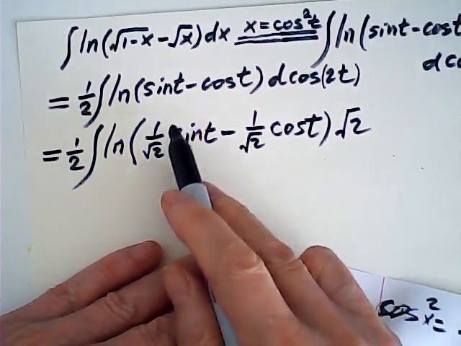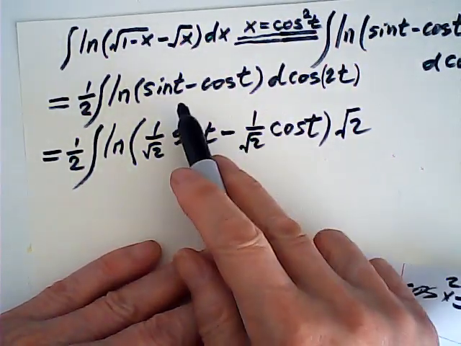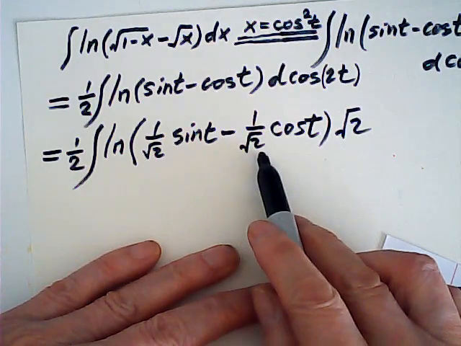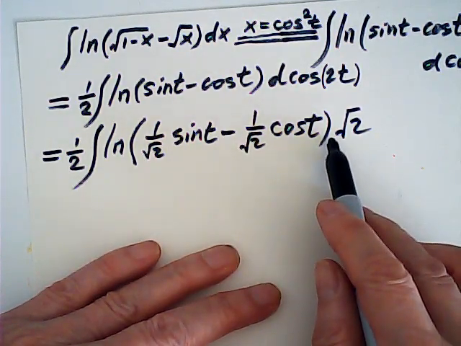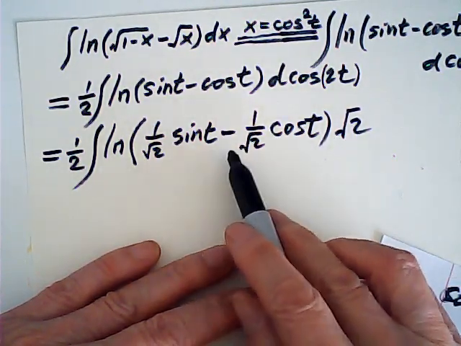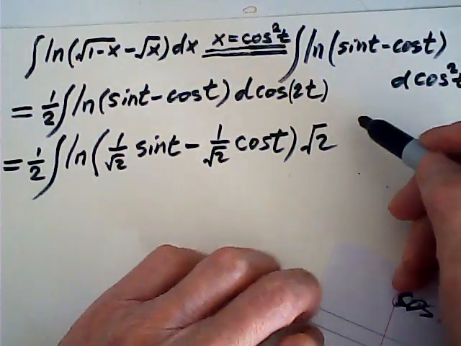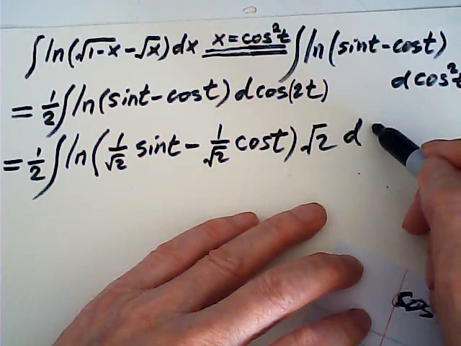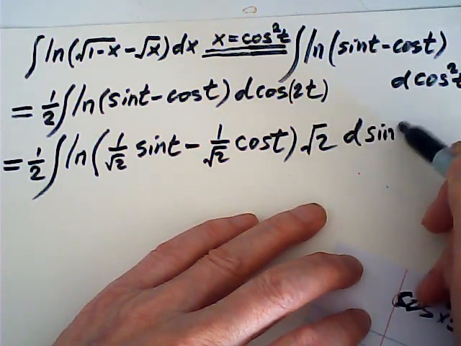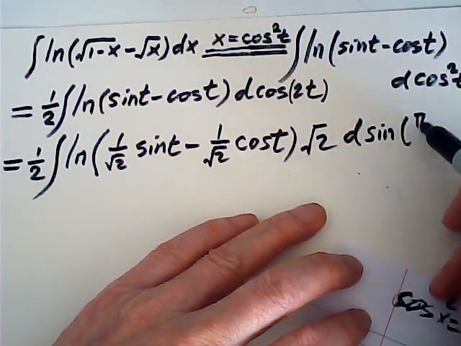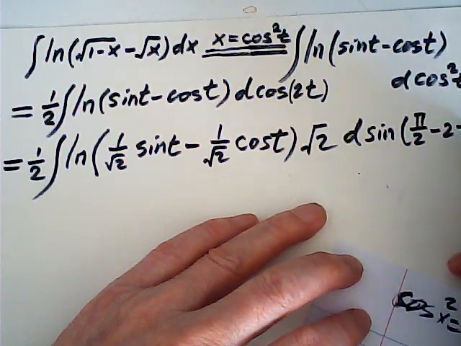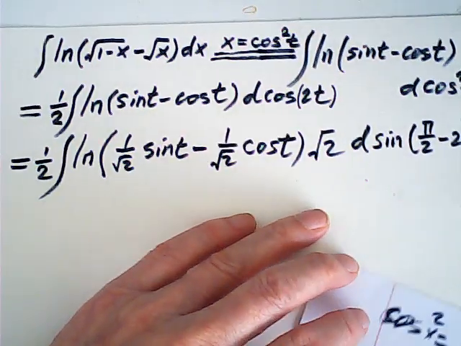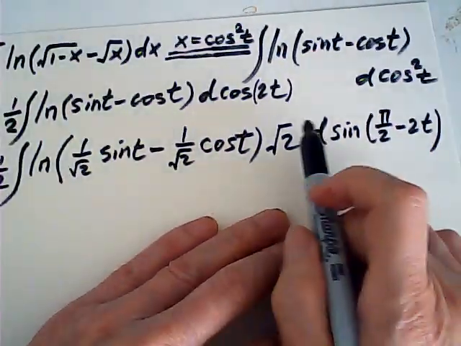So I put root 1/√2 here and there, and I cancel that √2 by multiplying the √2 outside. And cosine 2t is sine of half pi minus 2t. Right? That is obvious.